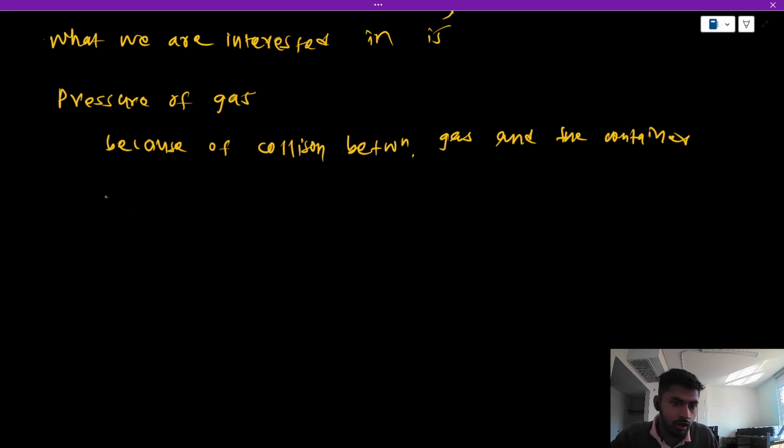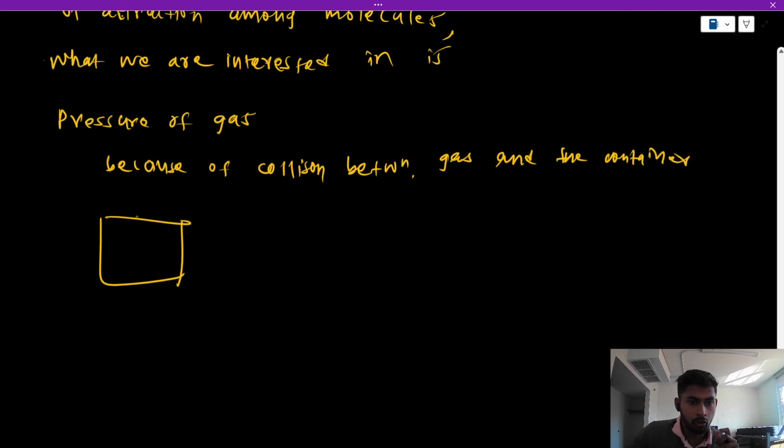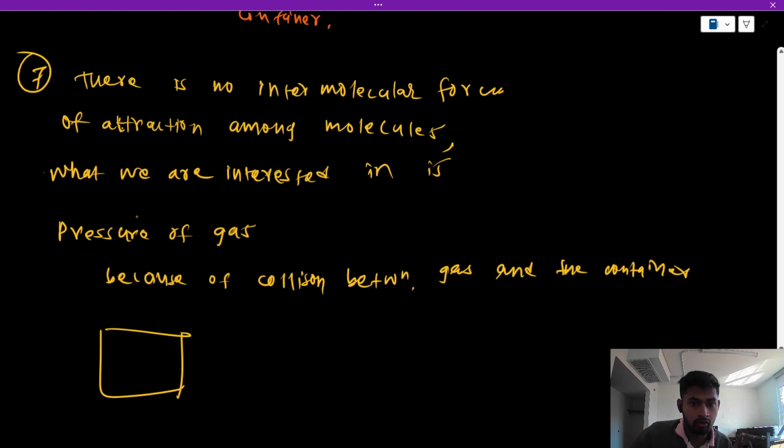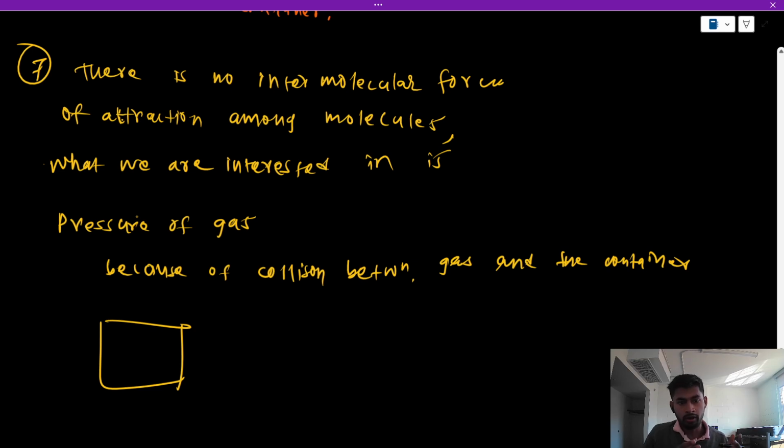That is, if this is our container, then we don't consider the intermolecular forces of attraction or pressure because of the collision between gases themselves. What we consider is collision between the surface.